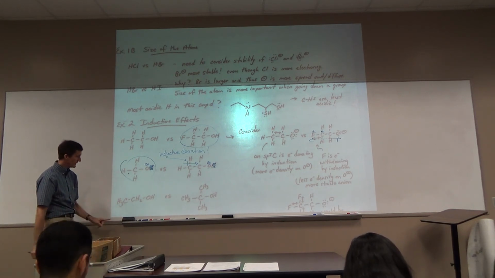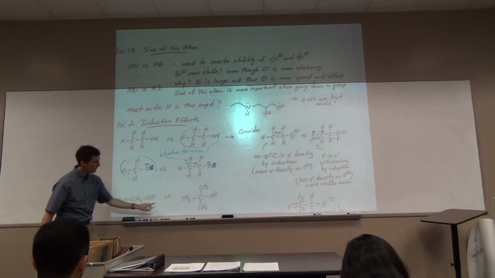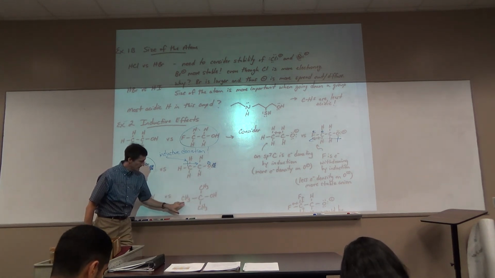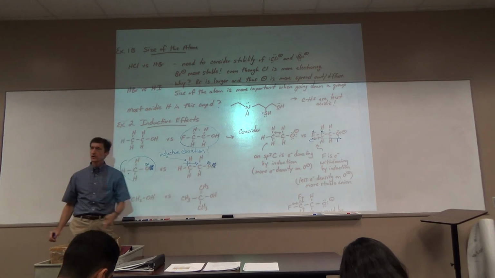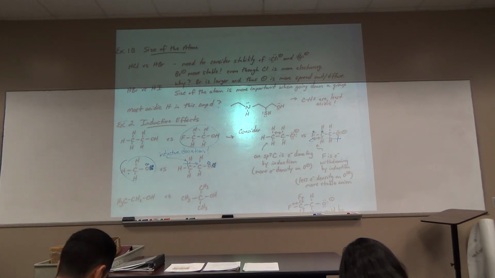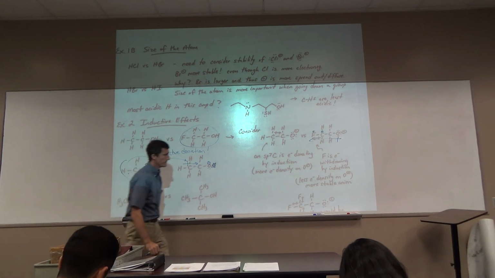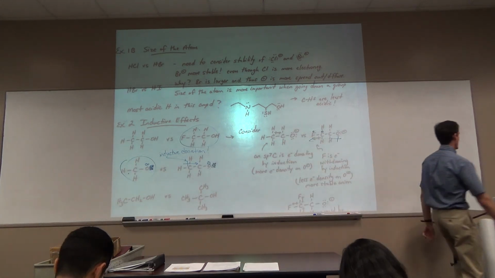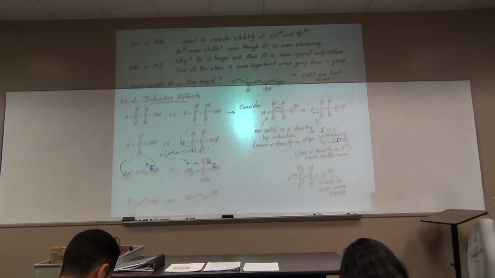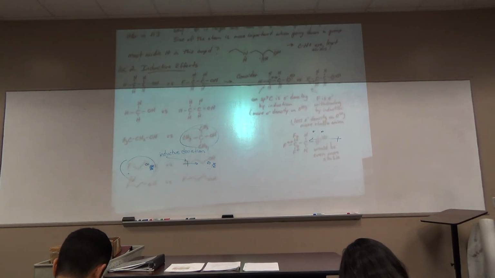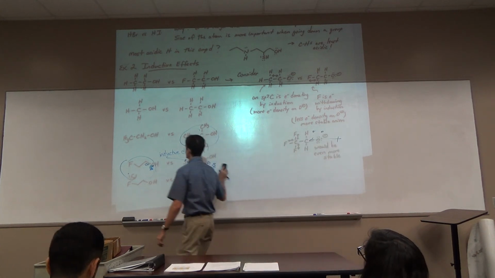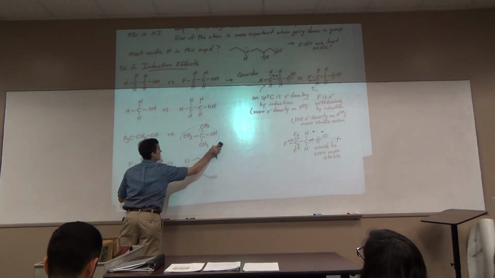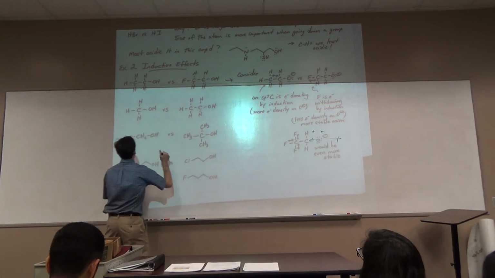You pull electrons away. Which is more acidic, ethanol, or this one, which is actually called tert-butanol? It's 4 carbons, but it's a tertiary carbon. It's called tertiary butanol or tert-butanol. Which is more acidic? Not that one. This one.